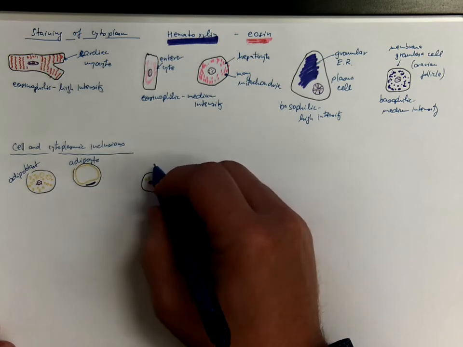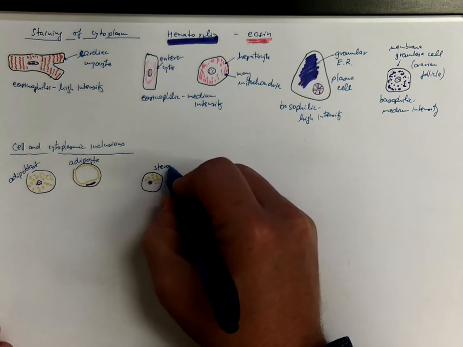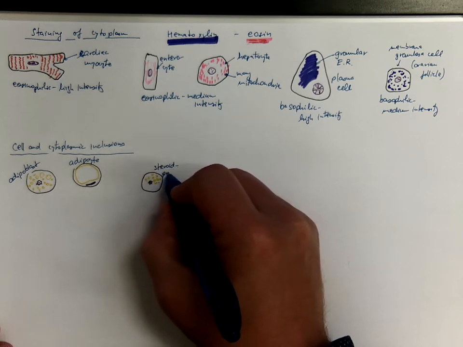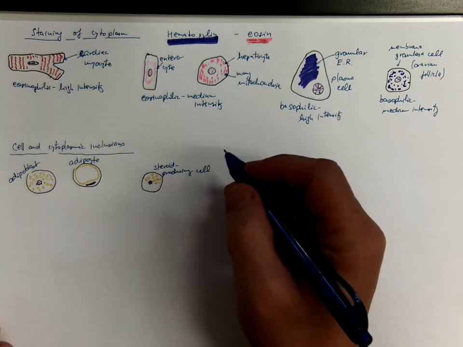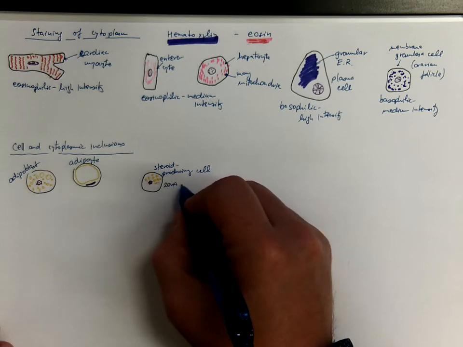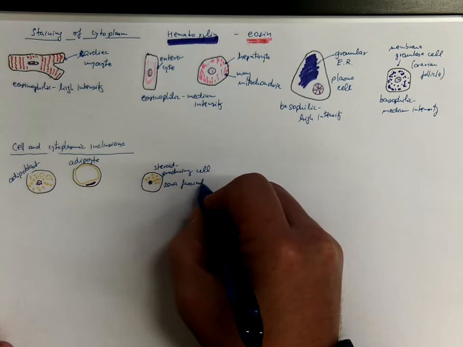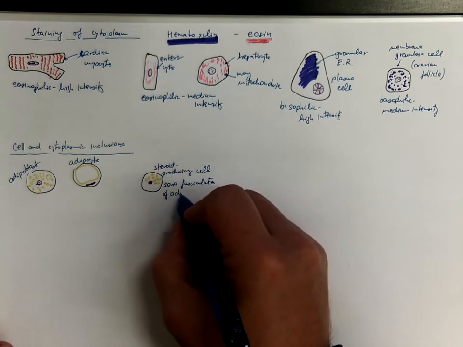And this would be a steroid producing cell, such as the epithelium of the zona fasciculata, that's one of the layers of adrenal cortex.